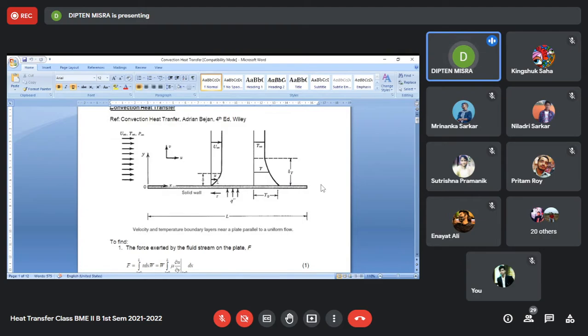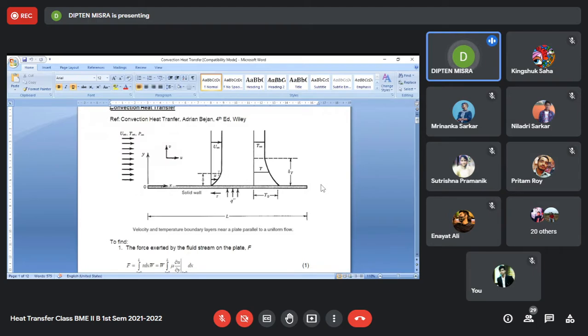But for forced convection, this movement is not because of temperature driven flow. The movement is because of some externally imposed velocity field. So for forced convection, we need not know how the temperature is changing if we want to find out only the velocity variation.